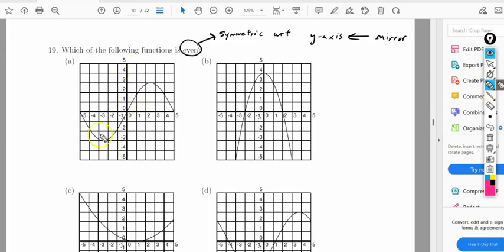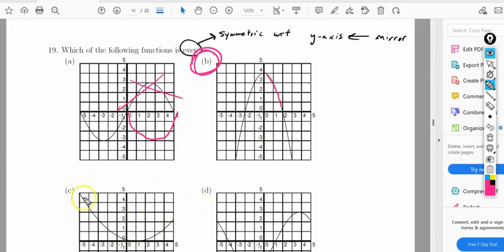So if the y-axis is a mirror, then this part, its reflection would be that, and that's not what we have here. This is good because if this half is looking into the mirror, its reflection is going to be what you see there. So the answer is going to be B, but I can go through the other ones.